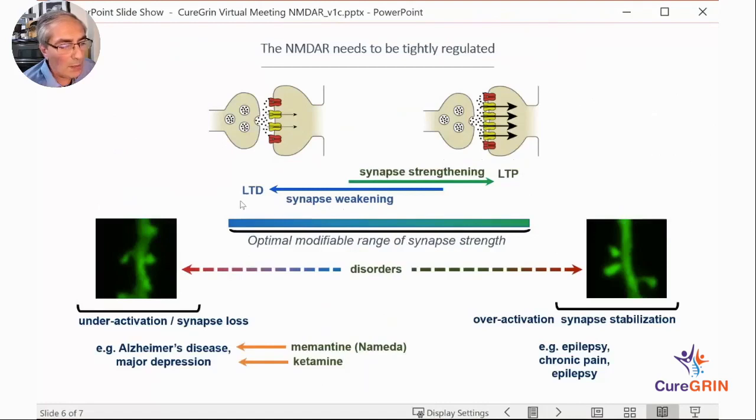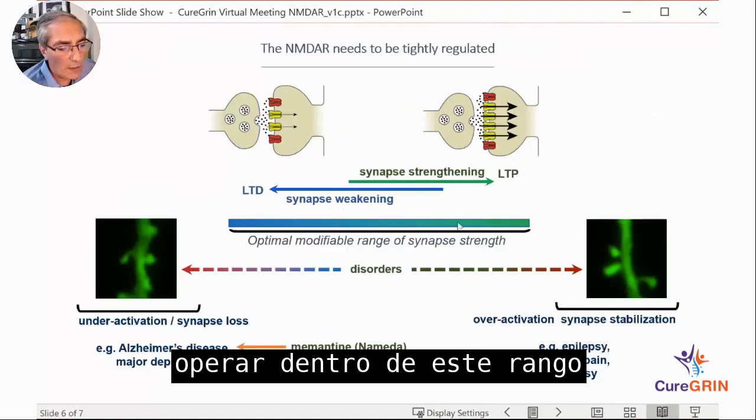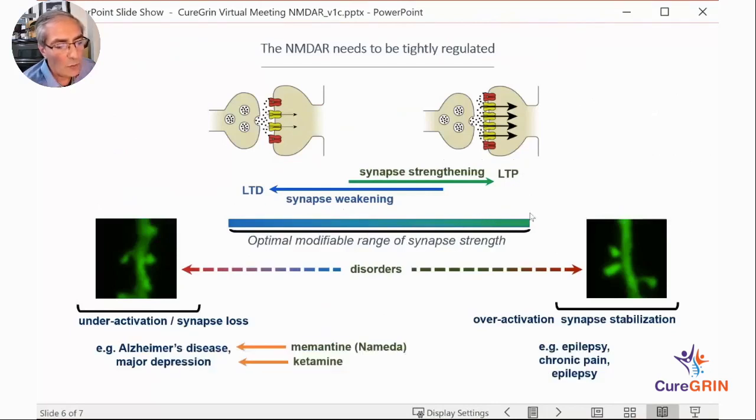And normally, synapses operate within this range of strength.